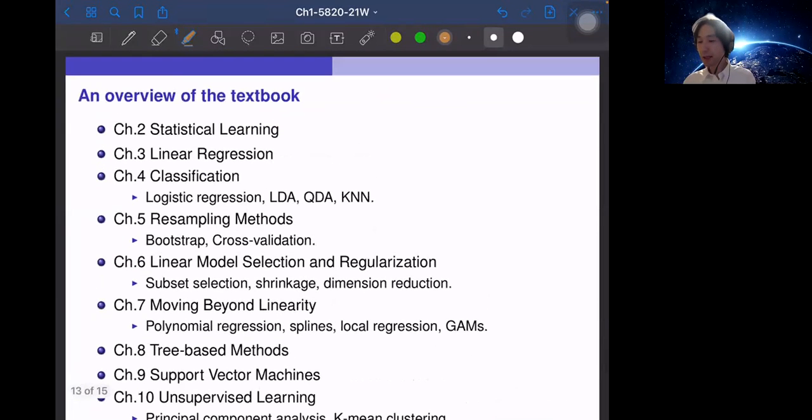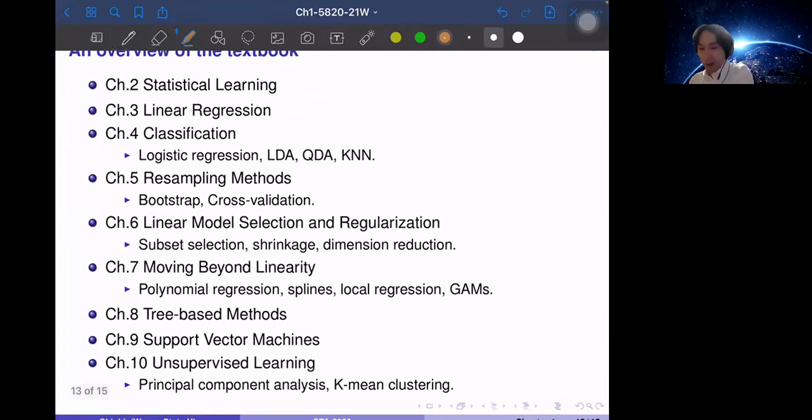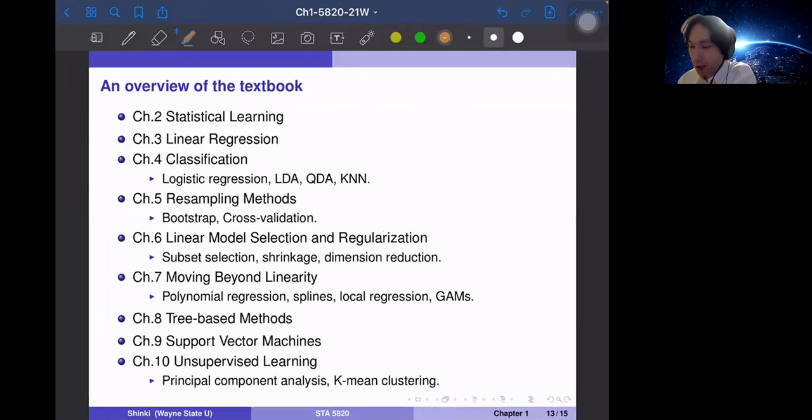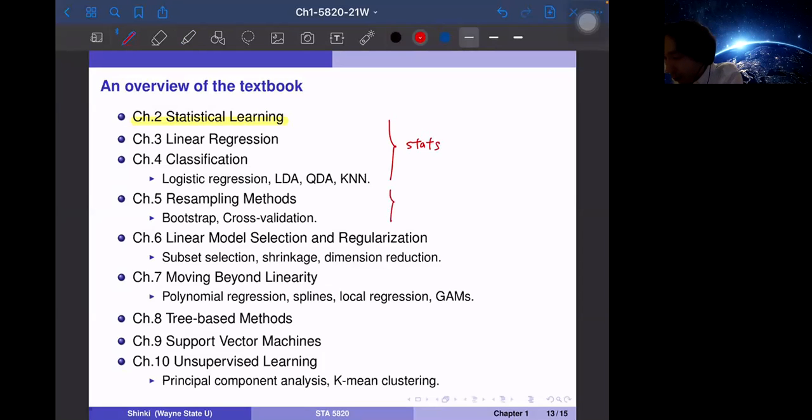Okay, and some overview of the textbook. Chapter 2 is the chapter to explain the concepts. We have the regression example, but also basic concepts such as the bias-variance trade-off, more conceptual. Chapters 3 to 4 are basically statistics, regression and classification. And chapter 5, the resampling methods, is actually a computational technique.